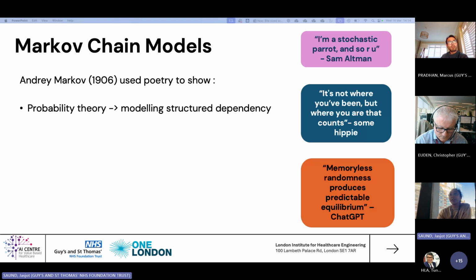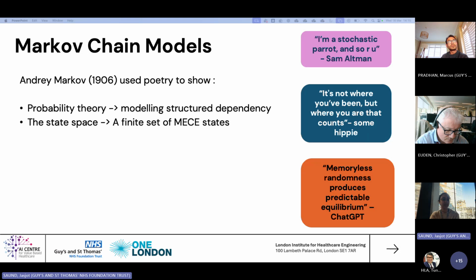So Markov wanted to show that actually you can use probability theory in structured dependent data sets. As you know, language isn't entirely independent. A lot of language has dependency on what words were used before. So when you've got text prediction, that's essentially using the input that you've already put to predict the next word that you might want. That's the structured dependency. And so Markov showed that you could apply probability theory in these circumstances.